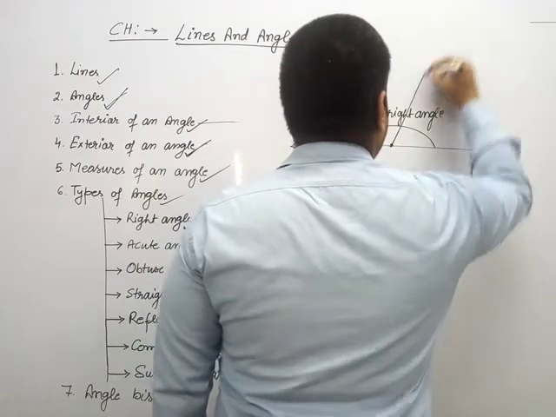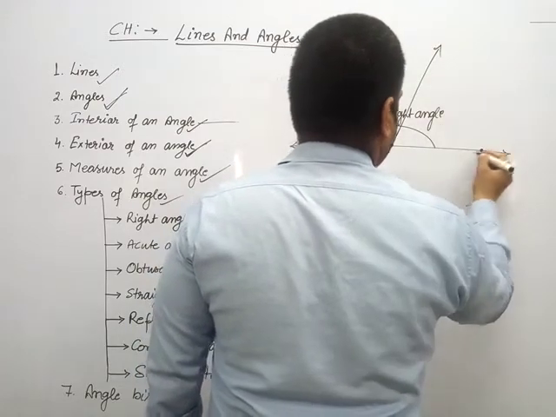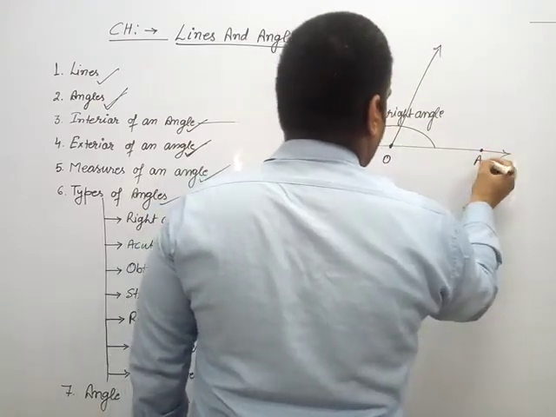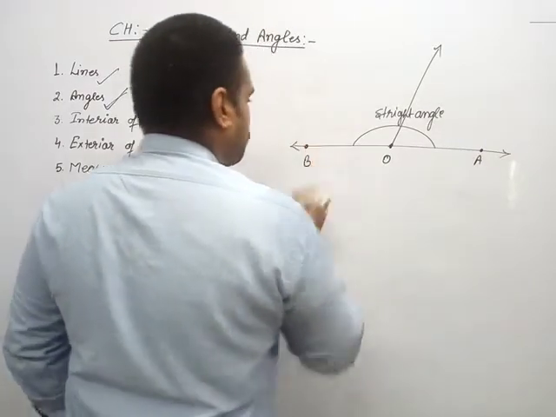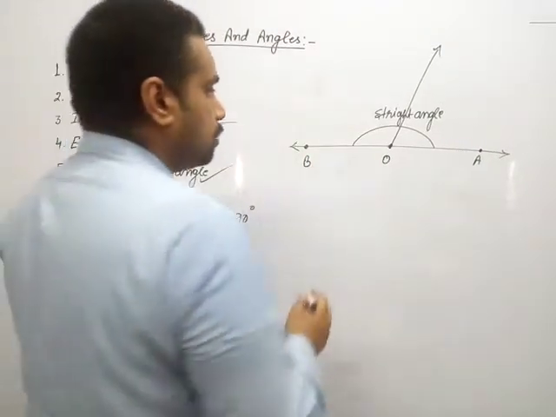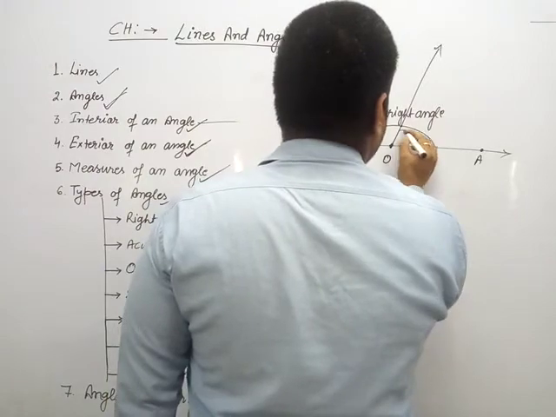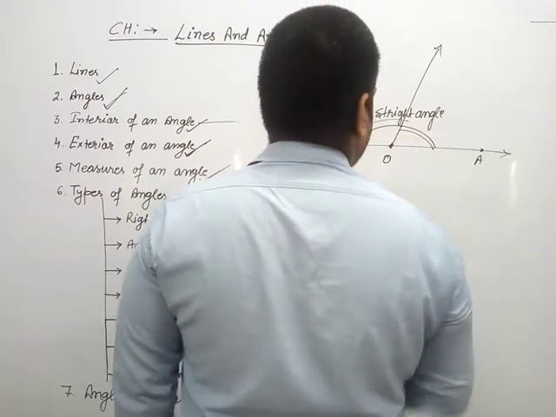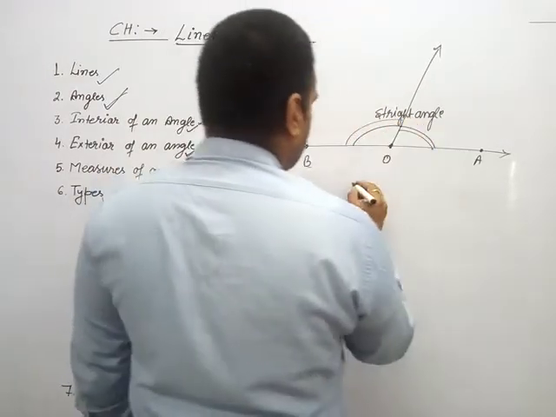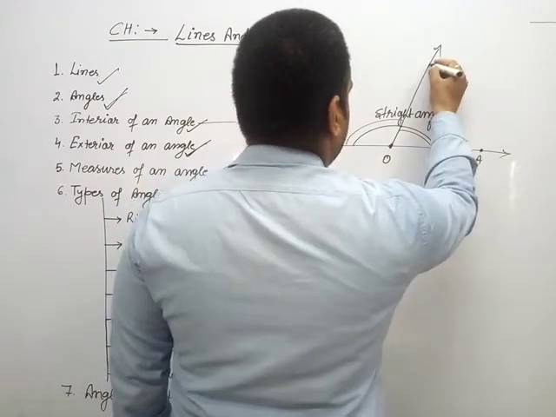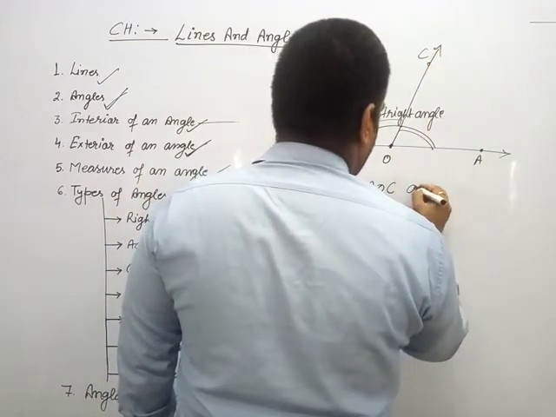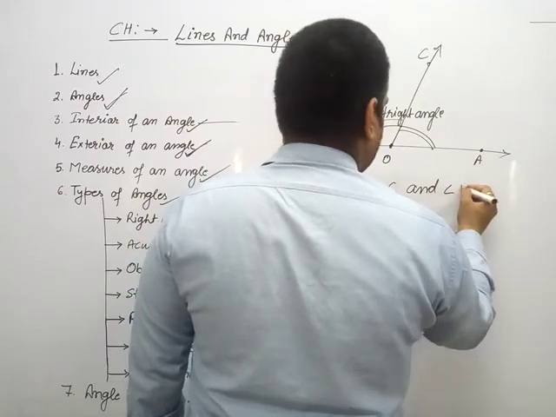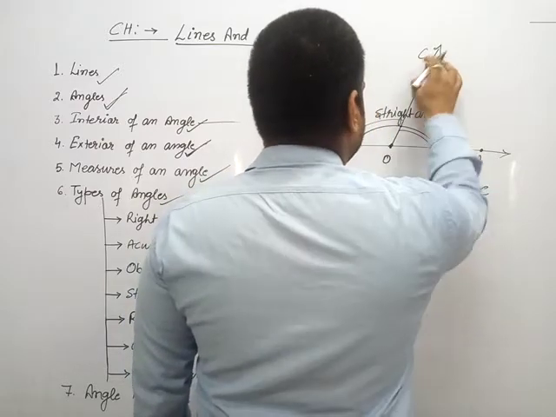When you take another ray, we have two angles, AOC and angle BOC.